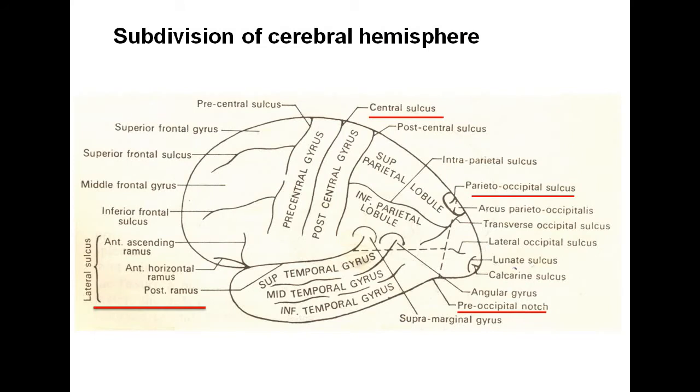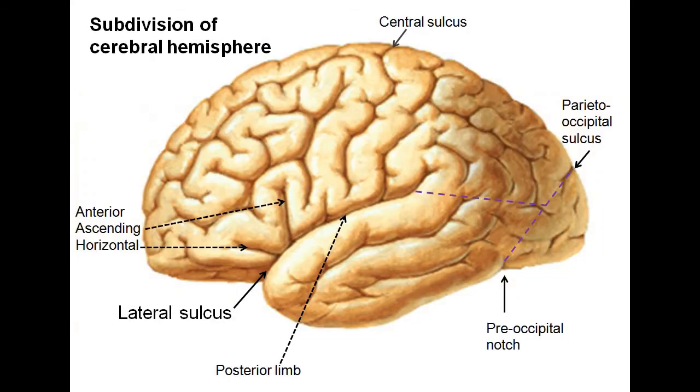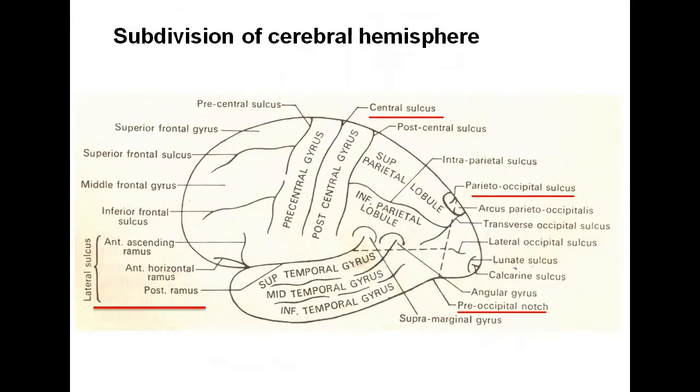Now we'll go to the different subdivisions of the cerebral hemisphere, the lobes. Each cerebral hemisphere is divided into 4 lobes: this is the frontal lobe, this is the parietal lobe, the temporal lobe, and the occipital lobe.